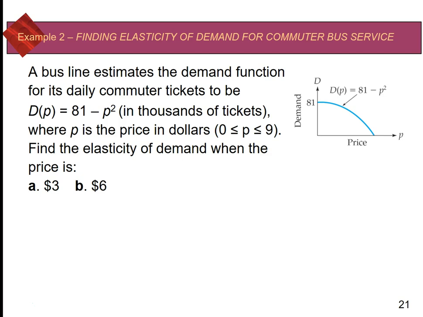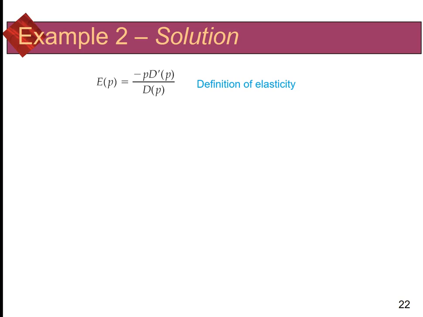Well, first we have to find the elasticity of demand function. E of P is given by this formula, where I take negative P times the relative growth rate of the demand function. Since D of P equals 81 minus P squared, we keep the D prime of P over D of P instead of doing any logarithm stuff.